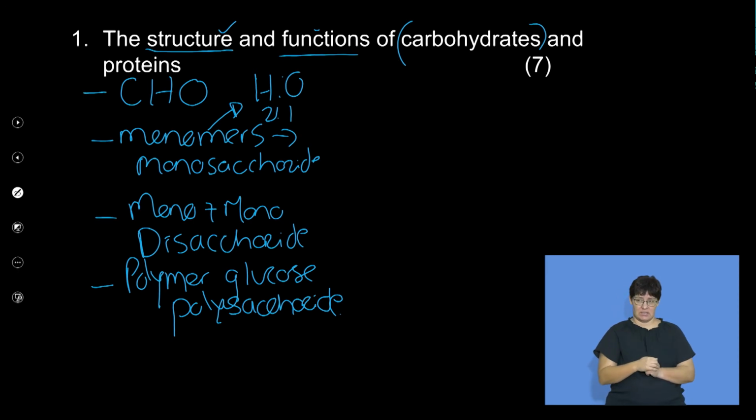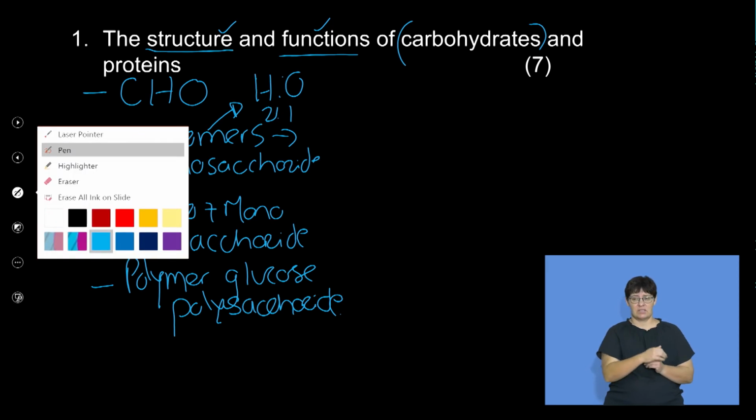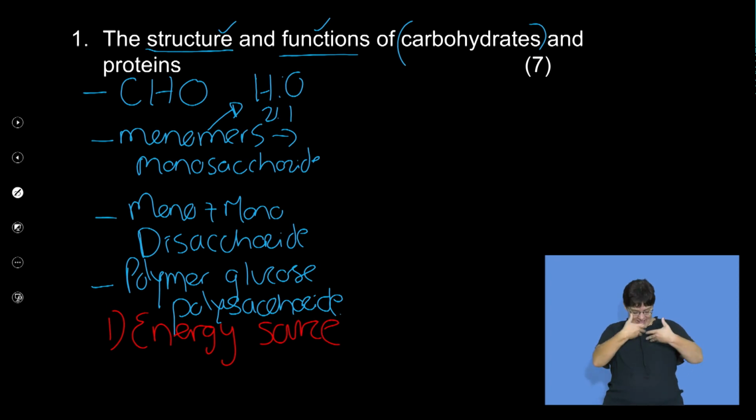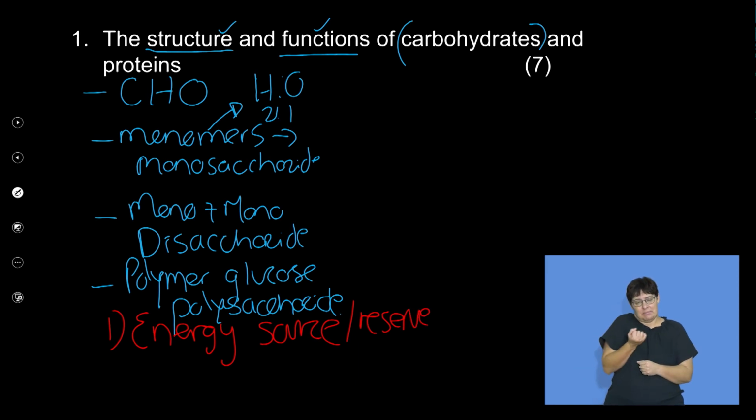Let's have a look at functions. There's a few functions that you could have put over here. Now the functions, I'm going to just use a red pen quickly. What are the functions of carbohydrates? Number one, most important, they are an energy source. They provide energy. They have another function where they are also a reserve energy source.